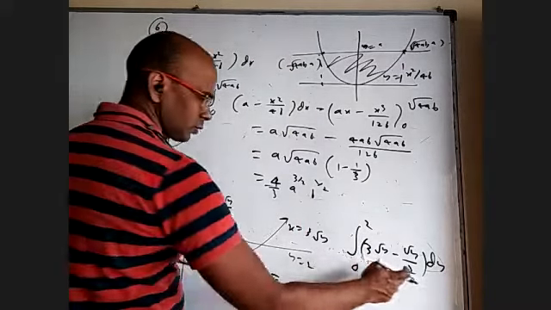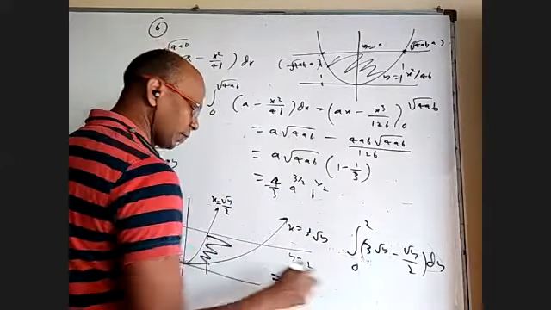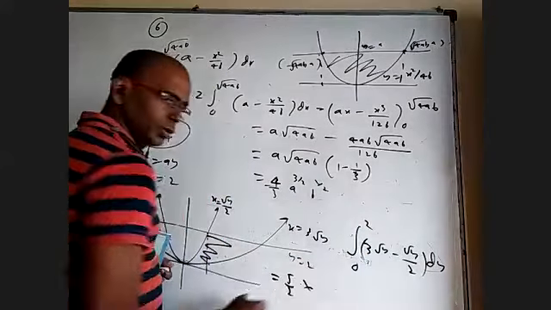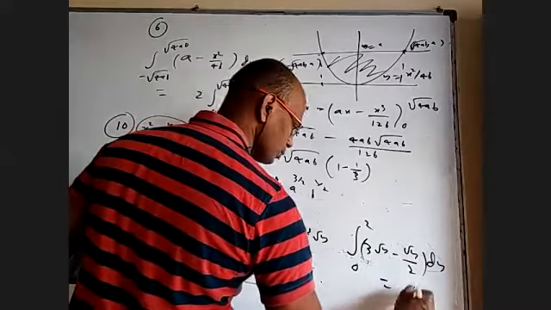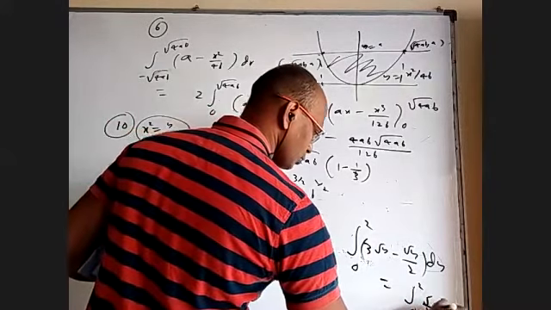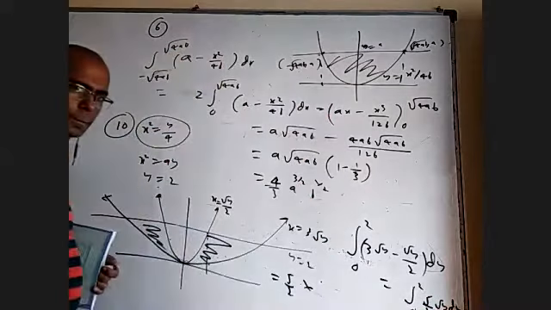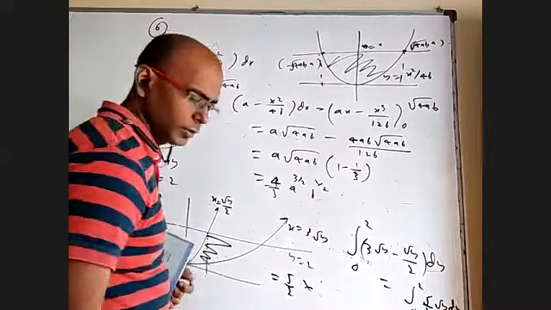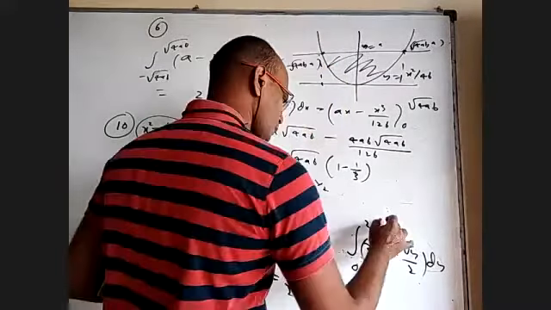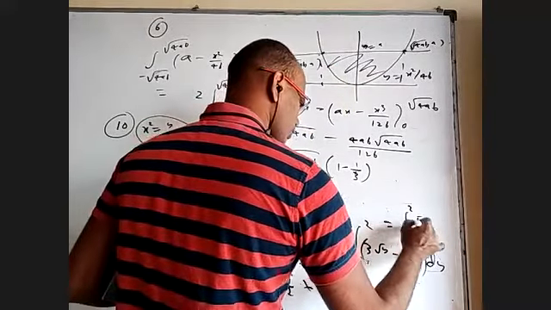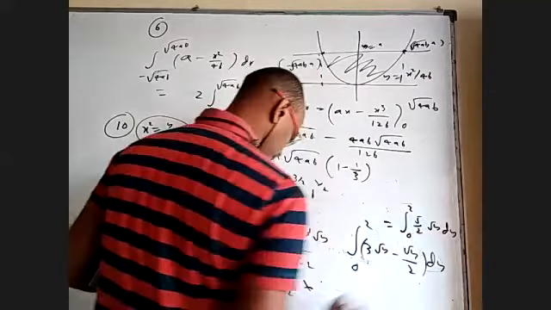Okay, so 3 minus 1 by 2 is 5 by 2 into root y. The integral, okay, this is actually 0 to 2, 5 by 2 root y dy.